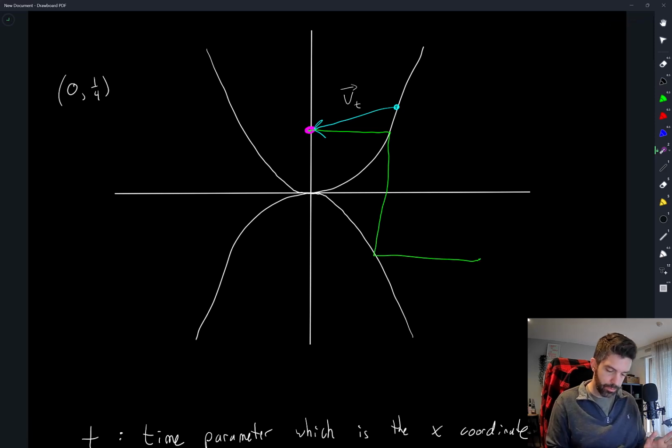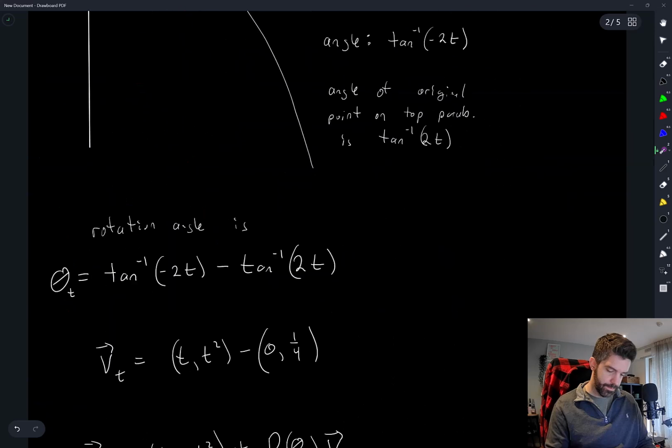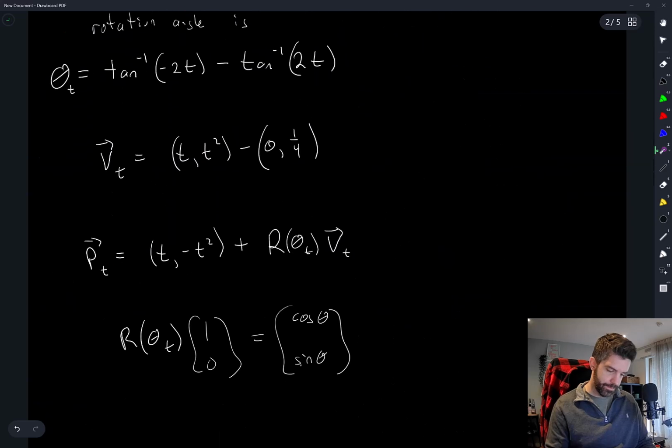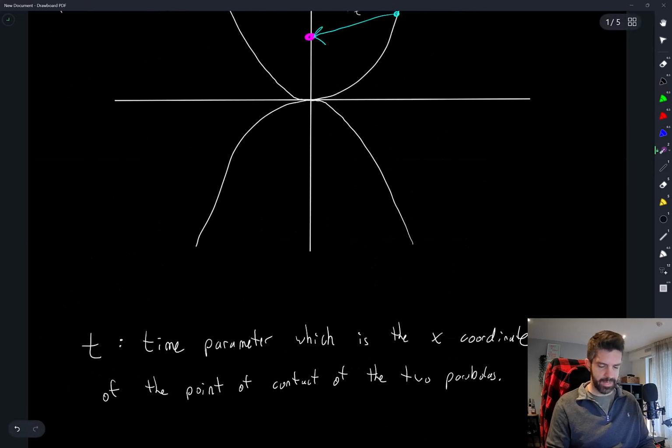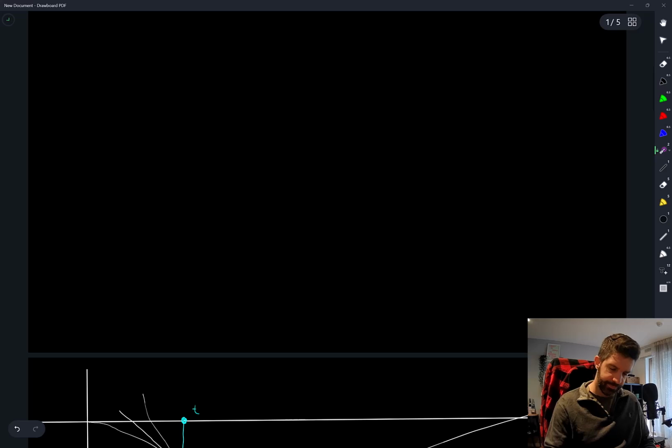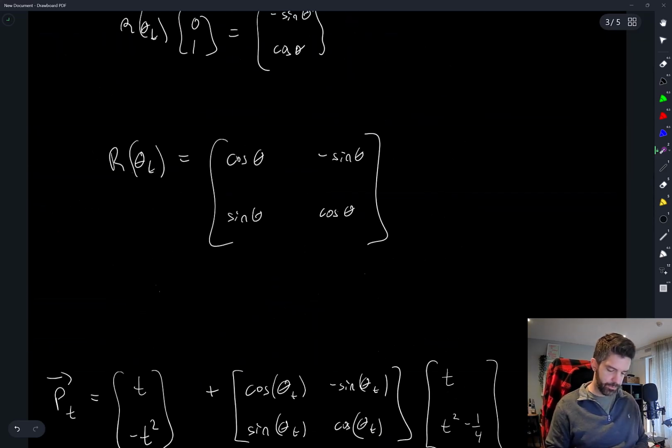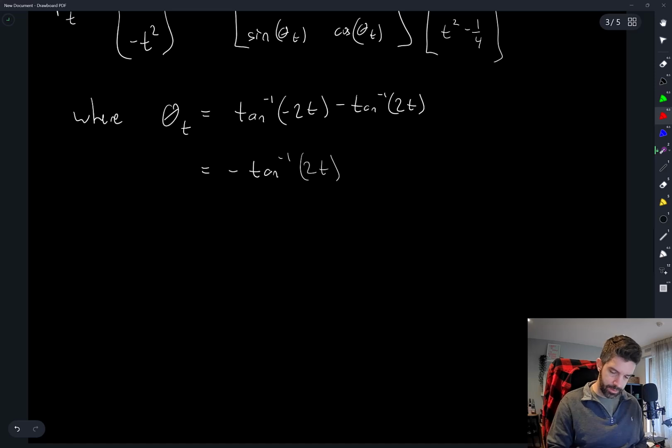I assumed that it was going to rotate 180 degrees, but I don't think that's possible. Maybe it is? Hold on. Oh man. I'm going to continue with this algebra, then I'll come back and think about the intuition of the geometry.